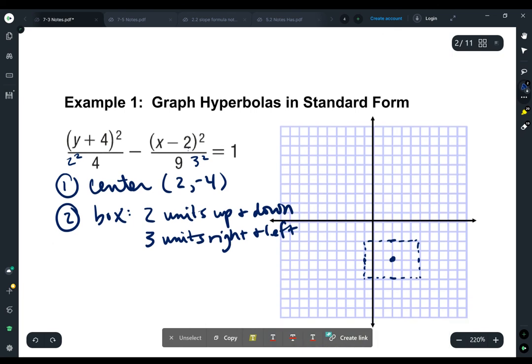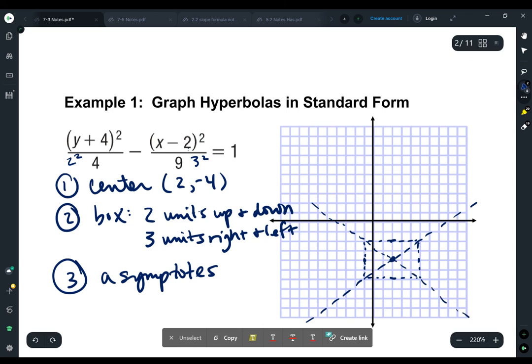So now I'm going to go ahead and connect for my asymptotes. Remember on the other page we wrote that they connect the corners of the box. So I am drawing from one corner to the other and trying to make them all line up. All right, so then we're going to draw our graph.